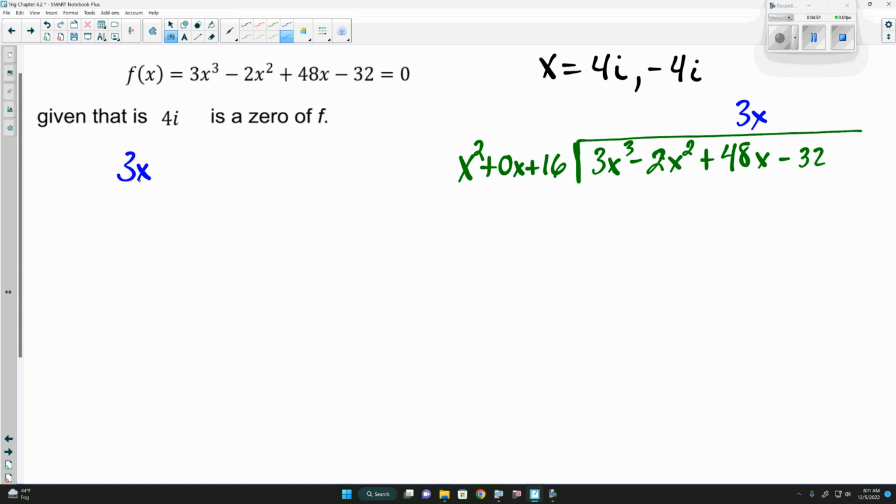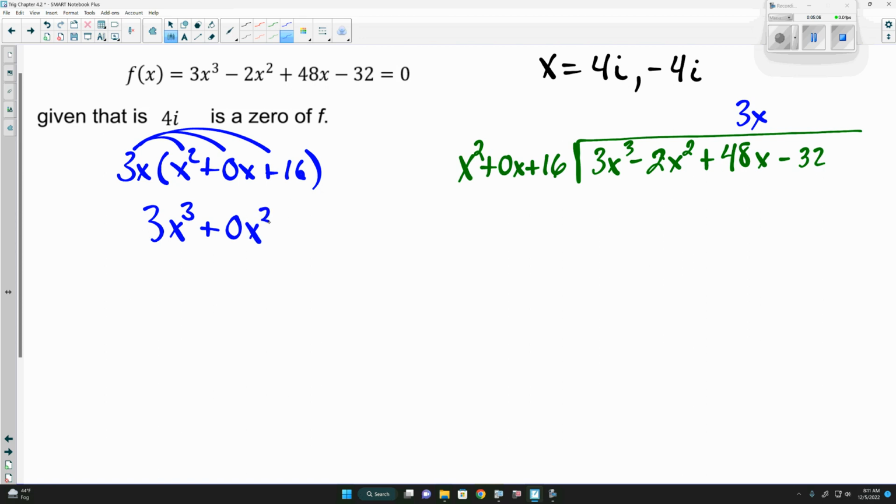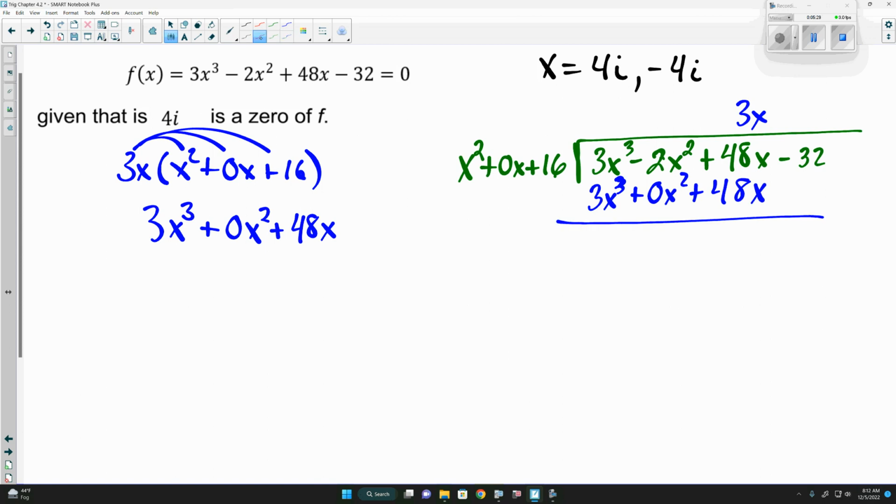So we'll do 3x times x squared plus 0x plus 16. 3x times x squared is going to give us 3x cubed, plus 3x times 0x is just 0x squared, and 3x times 16 is going to be plus 48x. So 3x cubed plus 0x squared plus 48x. Then we're going to subtract.